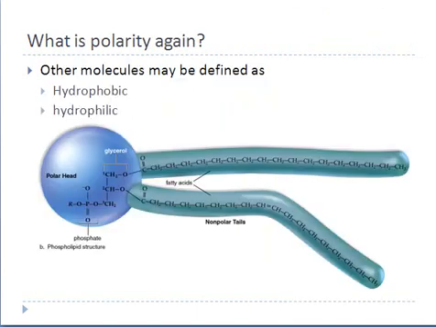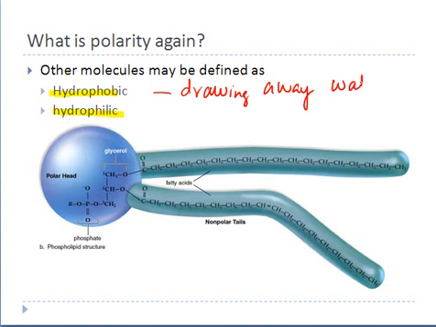Again, the term polarity will come up over and over again. A polar molecule is one that has a positive and a negative end to it. Other molecules may be defined as either hydrophobic or hydrophilic. Hydrophobic means it's drawing away from water. So if you take oil, for example, and you mix it in water, it does not dissolve because it's hydrophobic.